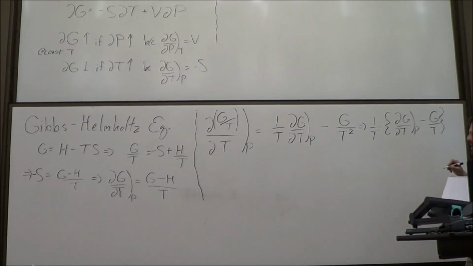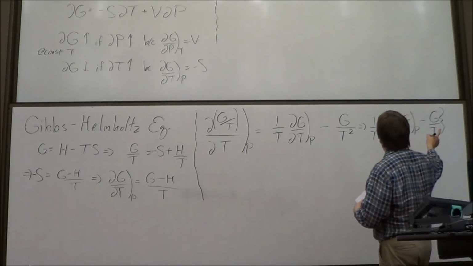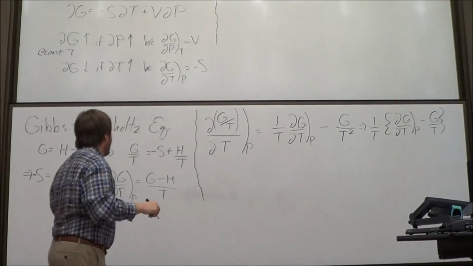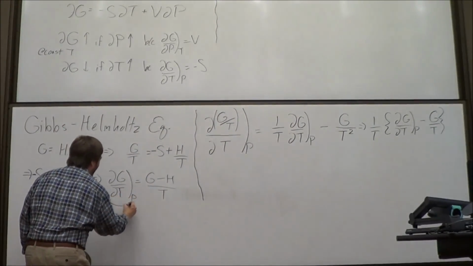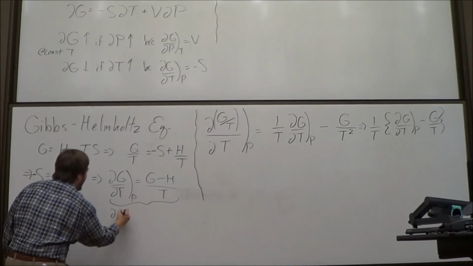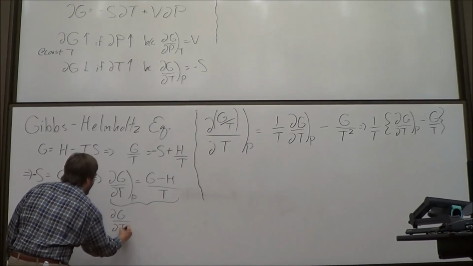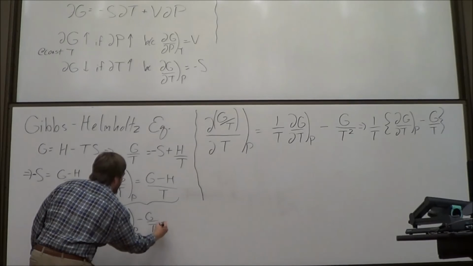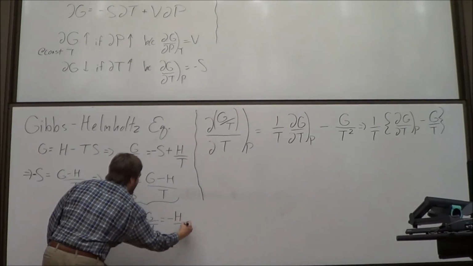Okay, now, I hate to do this to you, but again, I'm stuck. So let's go back to the first. I told you this is kind of awful, all right? Let's look back at this. What I can do with this is say dg dt at constant p minus g over t is minus h over t.